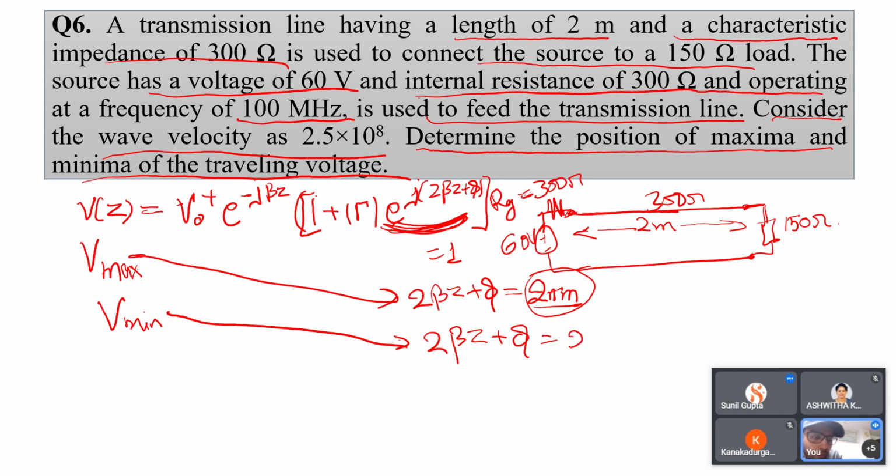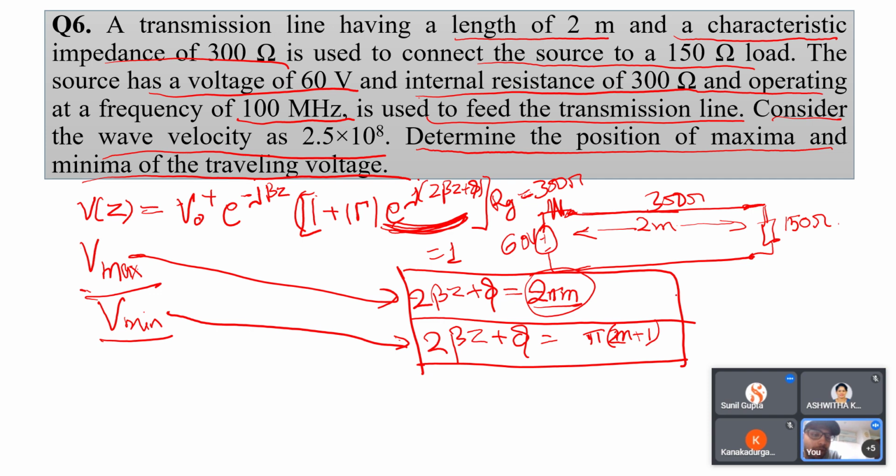This can only be obtained when this is equal to an odd multiple of pi. So that's how you can calculate the maximum voltage and minimum voltage, and by using this relation you can find the location of maxima and minima.